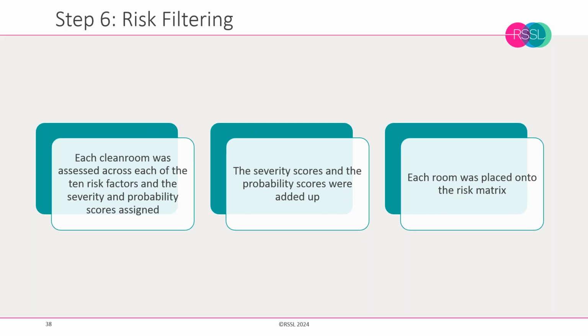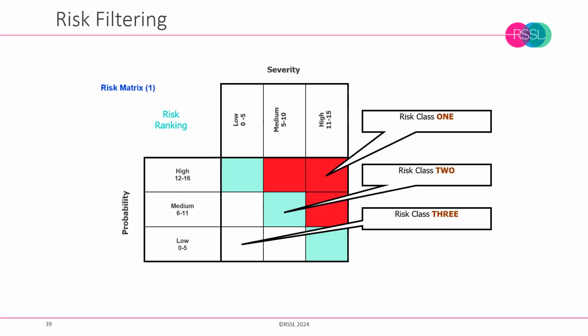So what I proceeded to do was to take each one of the clean rooms and score it against these 10 different risk factors, and you'd have seen that those risk factors were grouped into either severity or probability or both, and this allows us to produce a score for both of those factors, and we can return to our risk matrix.